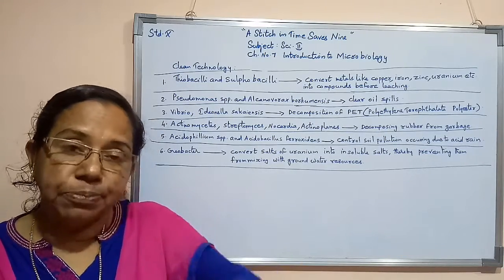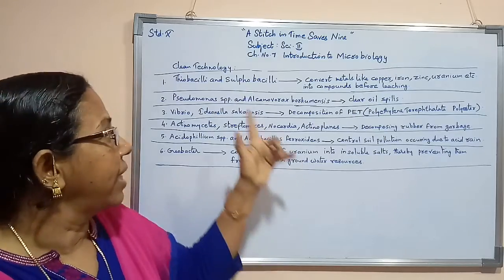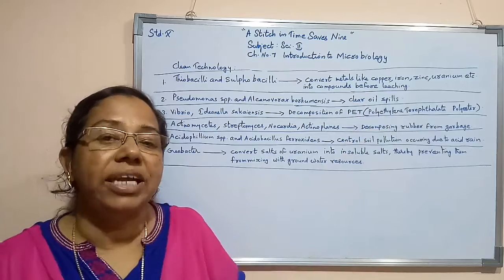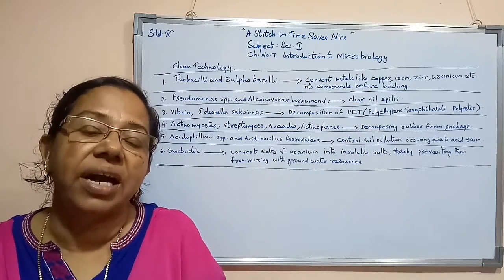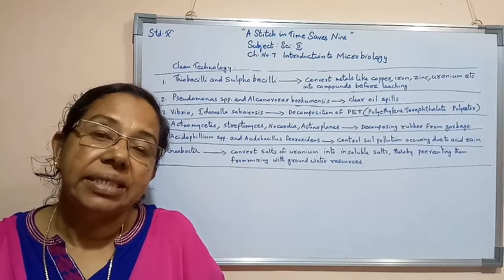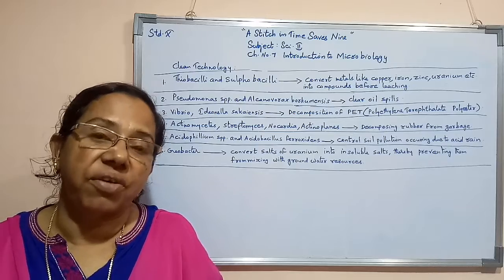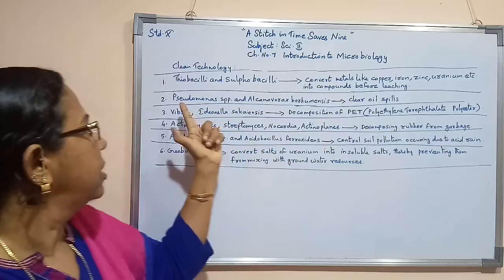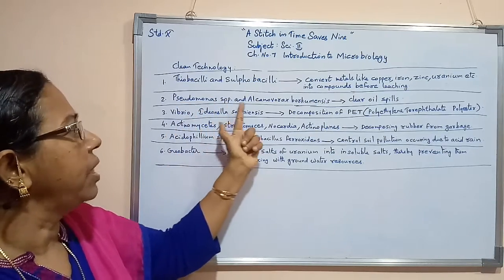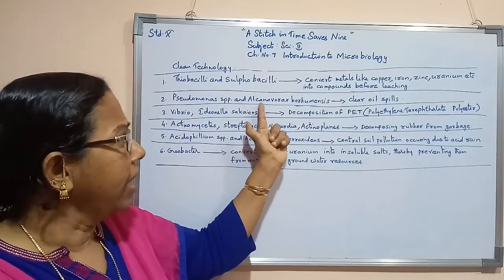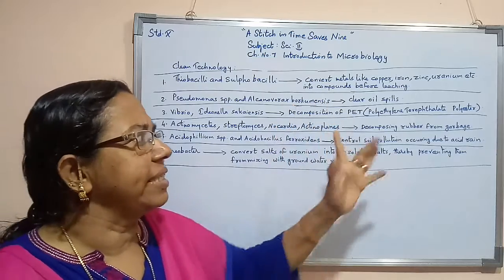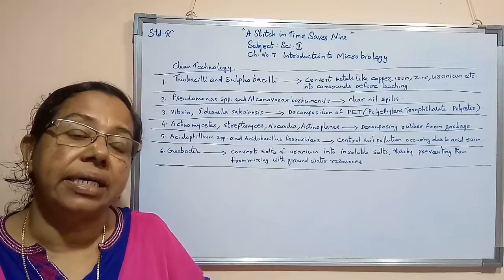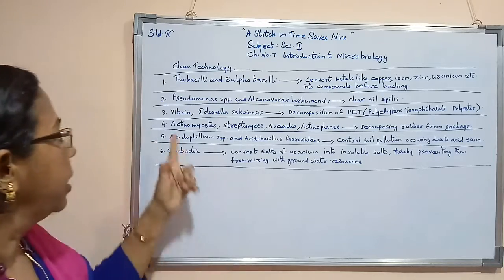That oil spill we want to remove, and for that, these microbes can help. They can clear the oil which has fallen in the seawater or river water, by absorbing it with the help of these microbes. These two types of microorganisms can clear the oil spills.